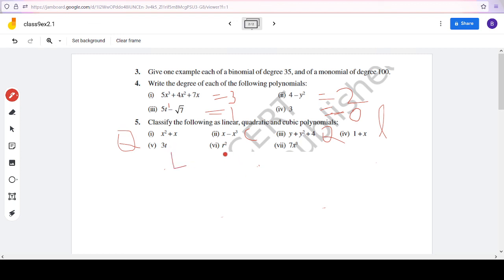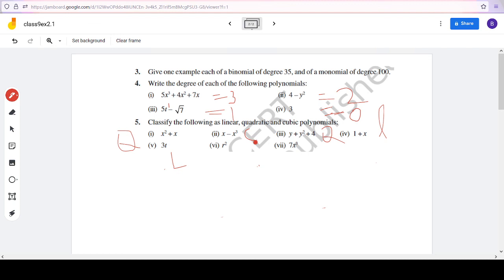R square. R square means the variable can be any variable, not only x, y or z. Any letters can be used, like t, s, r can also be used as variables. So always remember that in a question it will be defined how you differentiate between a variable and a constant.